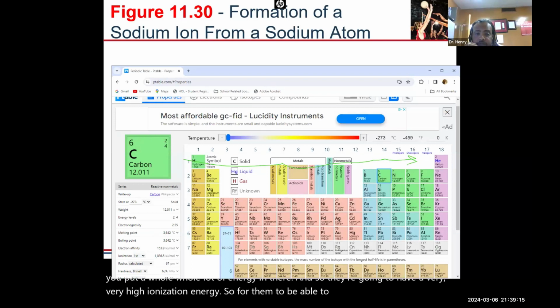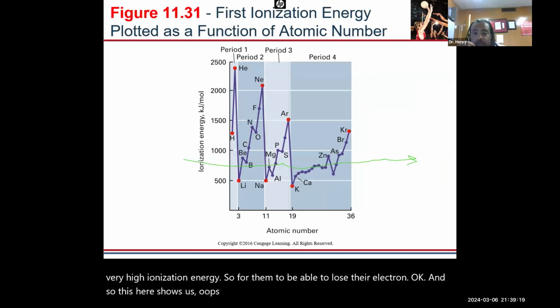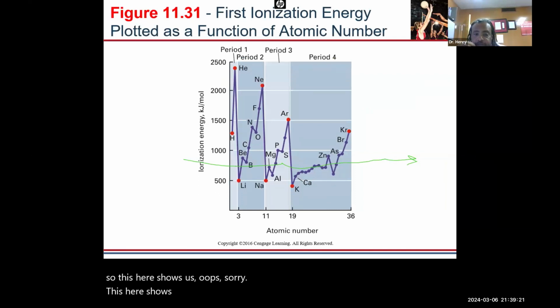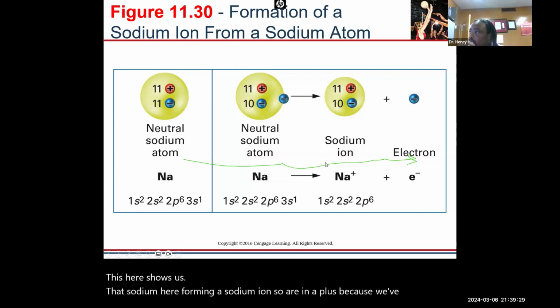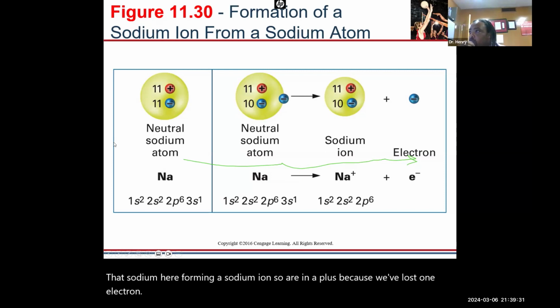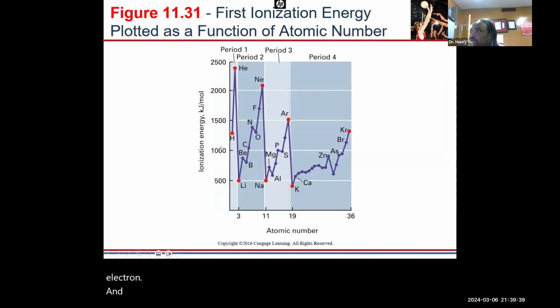Okay. And so this here shows us that sodium forming a sodium ion, so our Na plus, because we've lost one electron. And then this is just showing us the ionization energy.